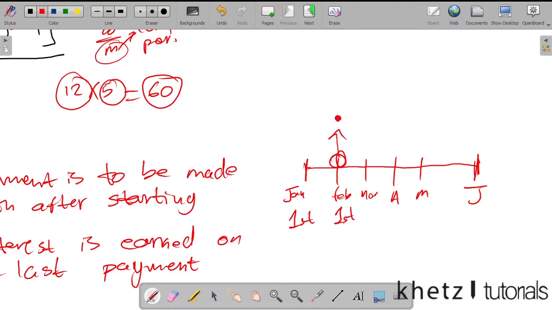Now you're going to make a payment here, and it's going to earn interest. And that is if we were to pay for 3 months. So this would be June 1st. So here we have interest earned. Over there we have interest earned. And that would conclude your 3 months.